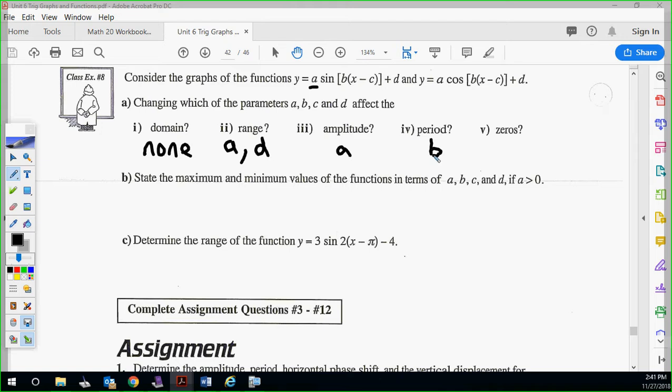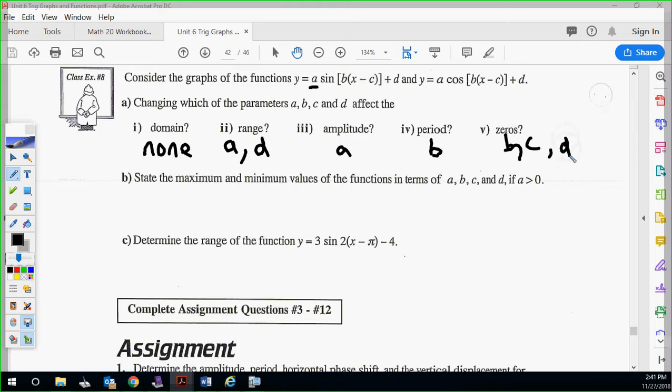Okay, now this is interesting. What changes your zeros, where it's crossing through the x-axis? B for sure, because that's going to scrunch or spread out, so that's going to change your zeros. C for sure, because you're shifting left and right. D is going to, because when you shift up, your zeros happen at different points because the curvature is going to go through a different point.